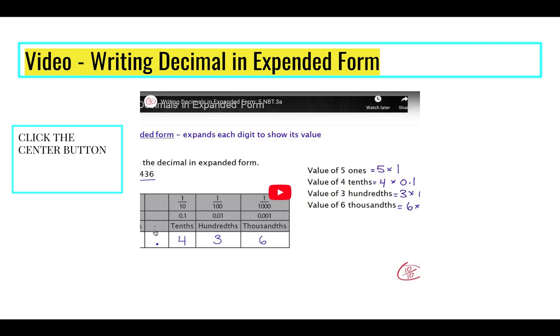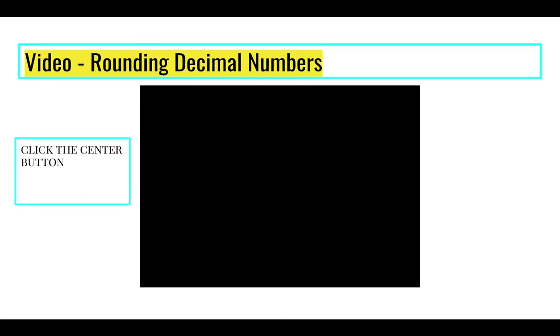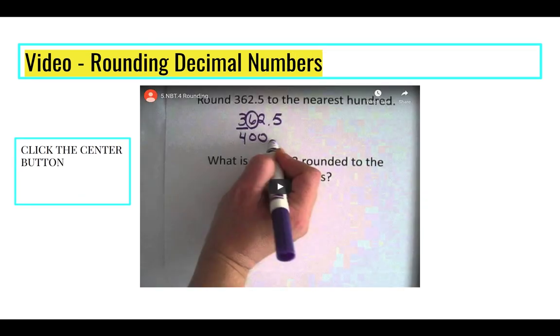As you can see, they are also using a place value chart to write this number in expanded form. So once you're done with this video, you're going to see a quick video on rounding, where it is explained how to round decimal numbers. And once again, we want to make sure that you click the center button to watch the video.